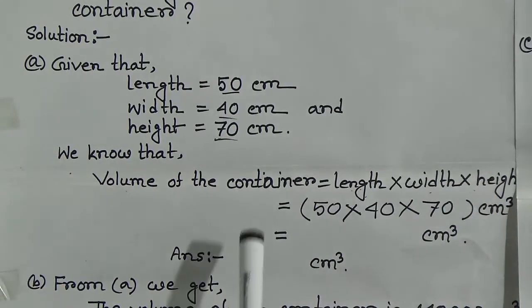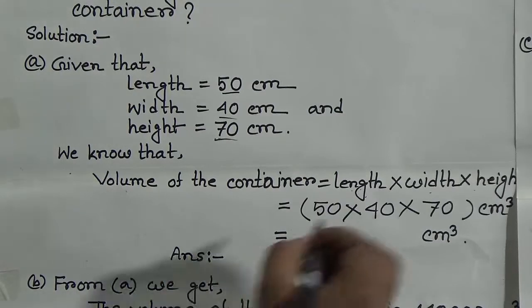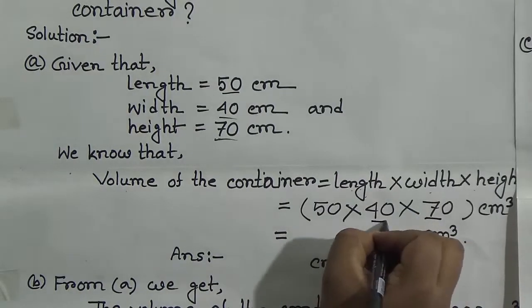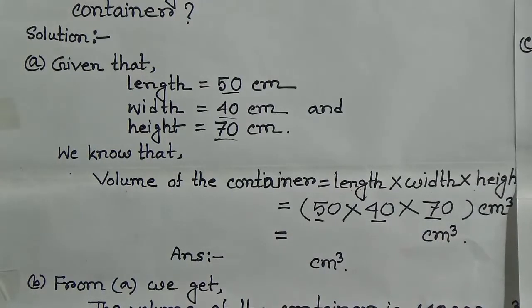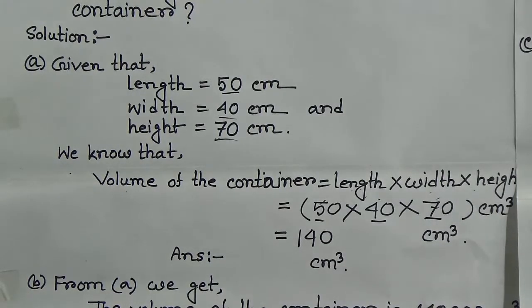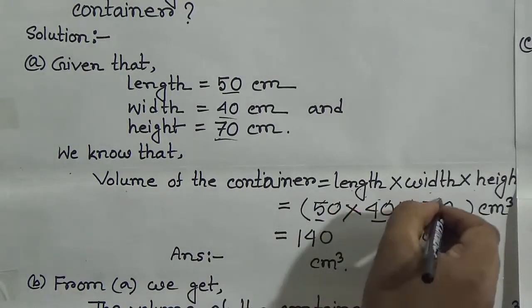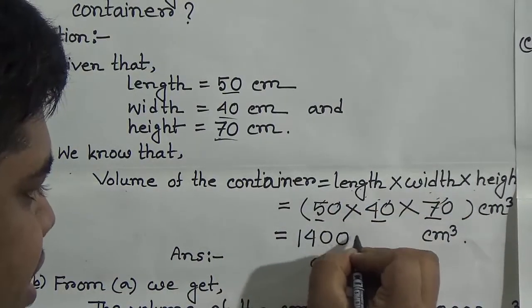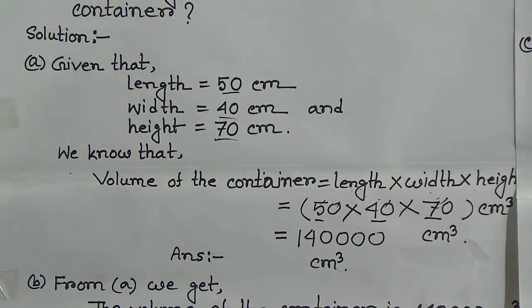Now we multiply these 3 numbers and we get the volume of the container. How can we multiply? We use here the short process of multiplication. Just like we multiply first 7, 4 and 5. Then 5 fours are 20. 27s are 140. So write 140 first. Then how many zeros are left? 1, 2, 3. So now we write these 3 zeros.